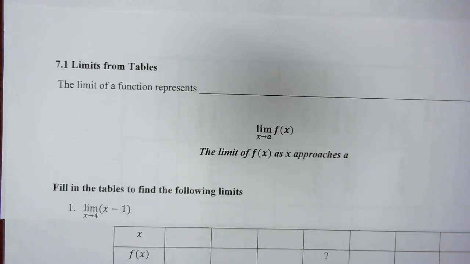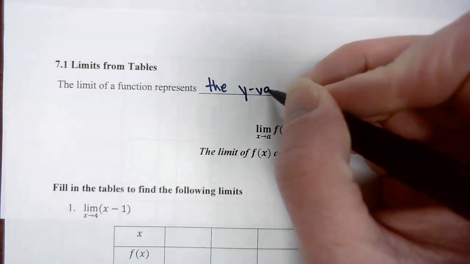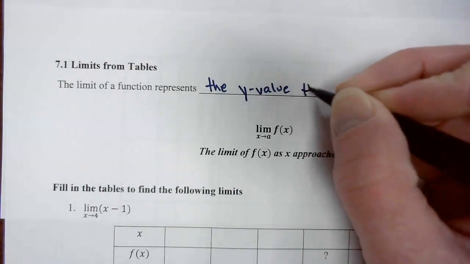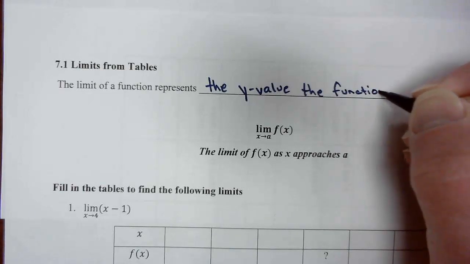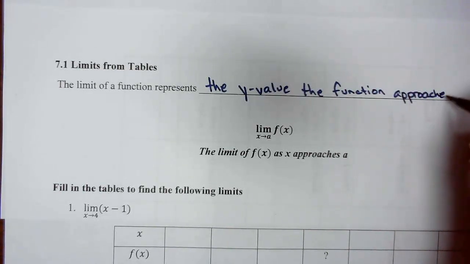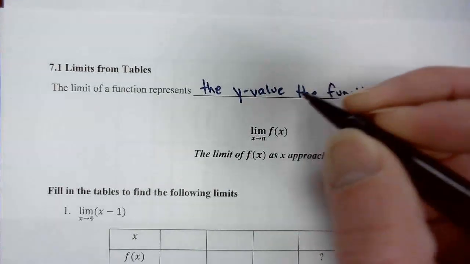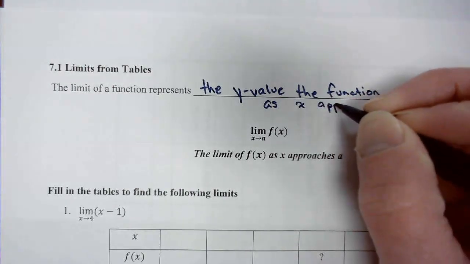In this unit, we're talking about limits. So let's talk about what a limit is. The limit of a function represents the y value the function approaches as x approaches some number.